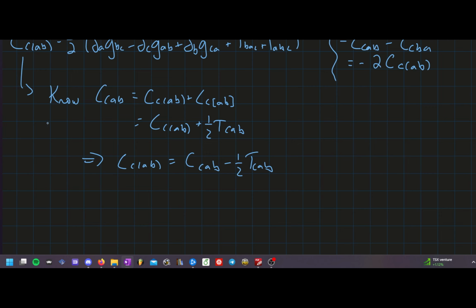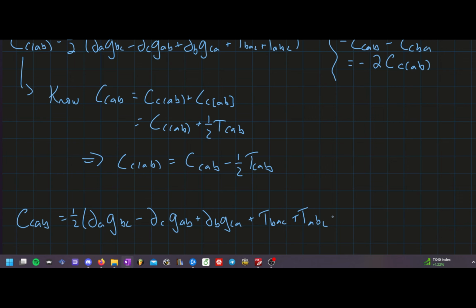So we can make a substitution here and say something like C_{cab} on the left side equals 1/2 of all this stuff we already had: del_a g_bc minus del_c g_ab plus del_b g_ca plus T_{bac} plus T_{abc}, and now we add our last little bit in here, so this is going to be plus T_{cab}, and there we have it.